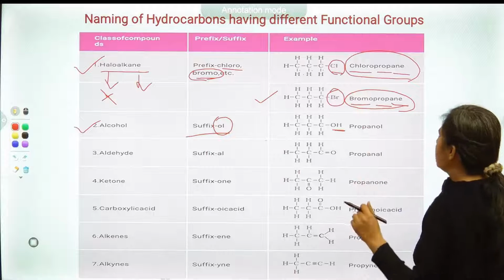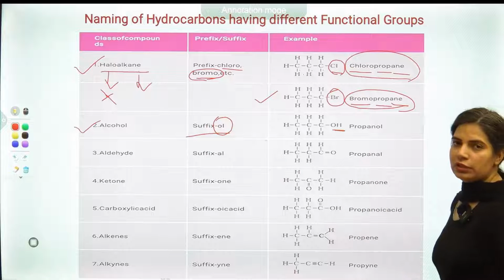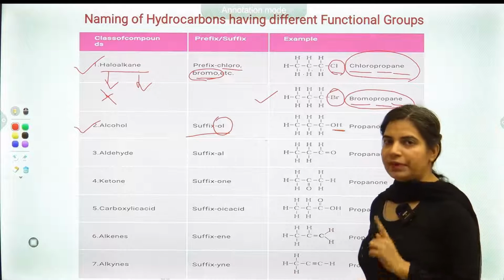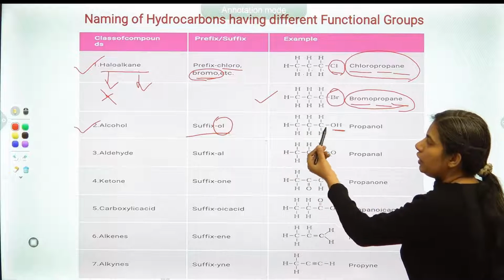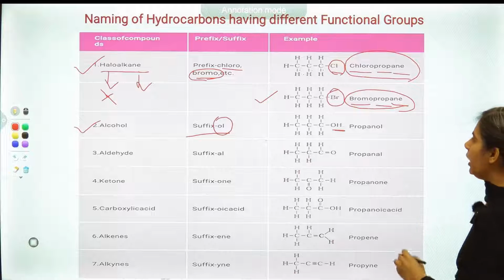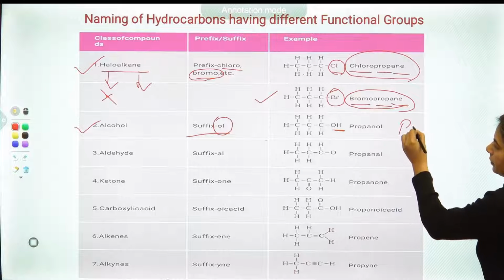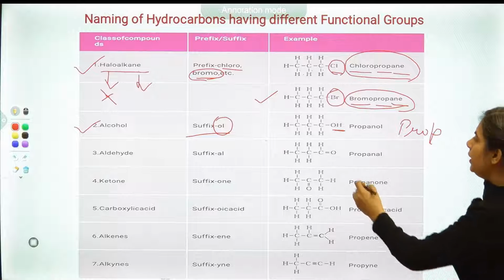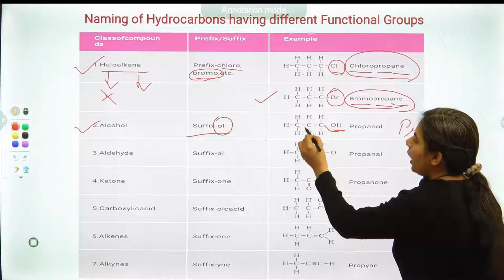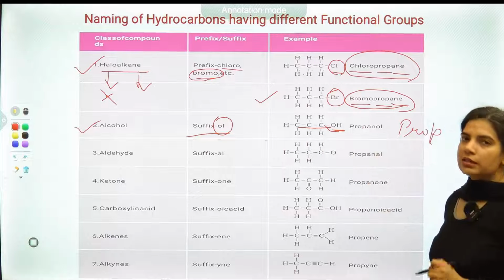For that, firstly, we have to see the number of carbons present in our parent chain. We are having 3 carbons. For 3 carbons, we are going to write prop. And here, all the carbons are having single bond.